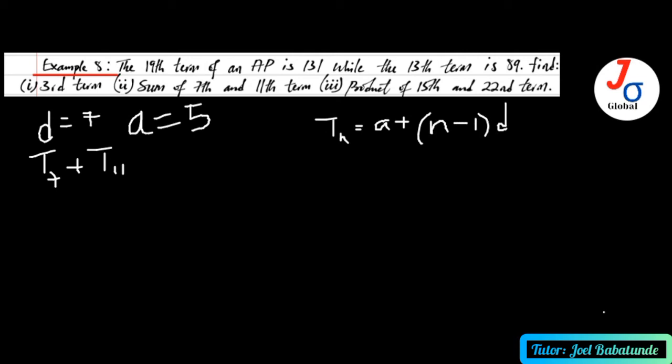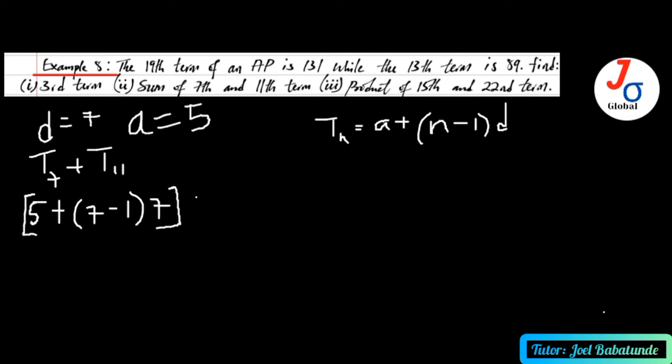This is just to keep us guided. So T7: the A is going to be 5, plus, what was our n? Our n has to be 7 because we're doing the 7th term, then minus 1. Then what was our D? In this case, our D is 7. Then close up that bracket.